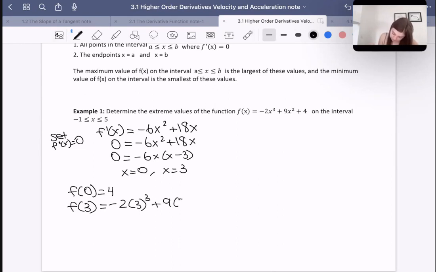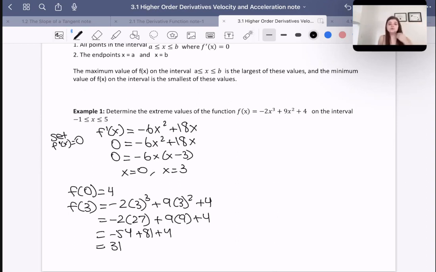Negative 2 times 3 cubed plus 9 times 3 squared plus 4 is equal to negative 2 times 27 plus 9 times 9 plus 4. So that's going to equal negative 54 plus 81 plus 4, which is equal to 31. So there we have it.